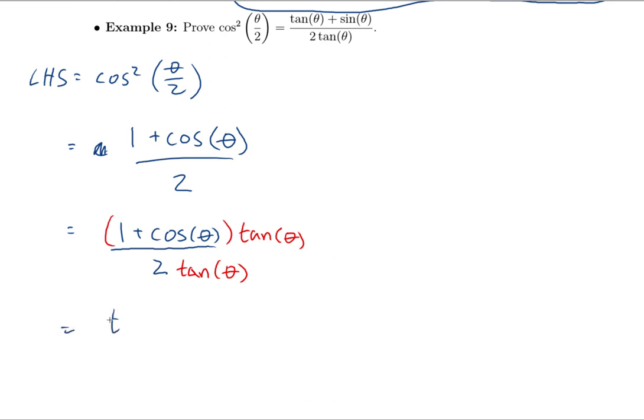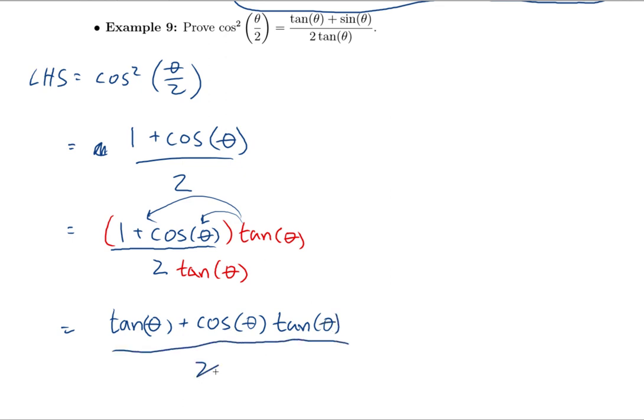So we have the tangent of theta when I distribute through. And that's good. That's what we want right there. Plus the cosine of theta, tangent of theta, all divided by 2 tangent of theta.